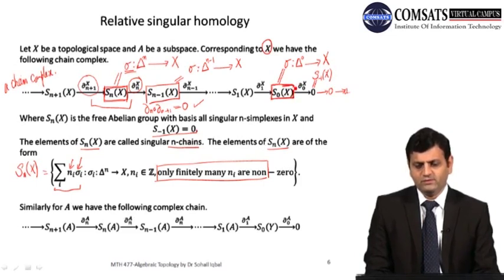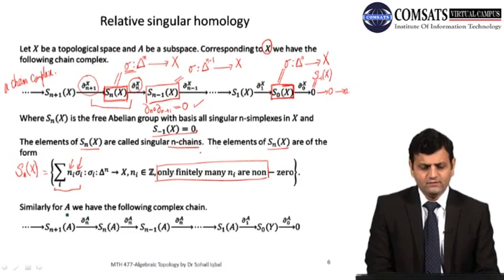For example, a manifold is a continuous sheet of points, so the points are most of the time uncountable. But we take the elements of S naught of X to be of this form, so we always take this combination to be finite.